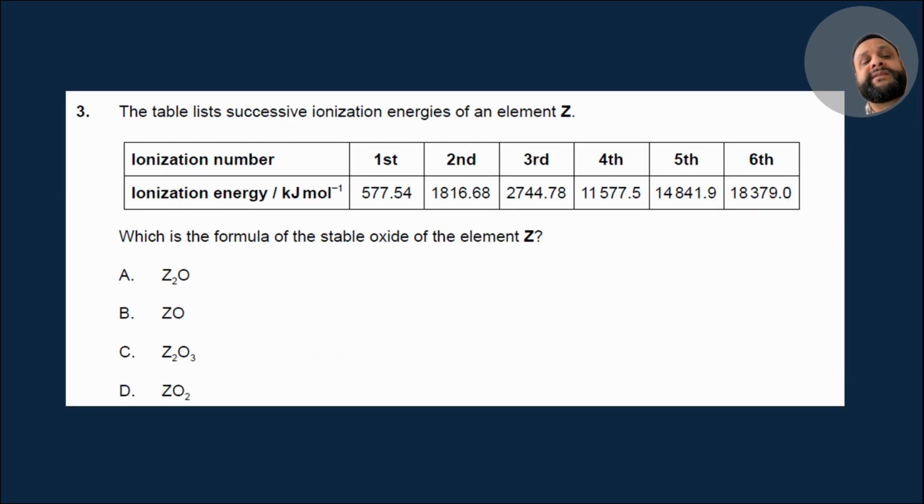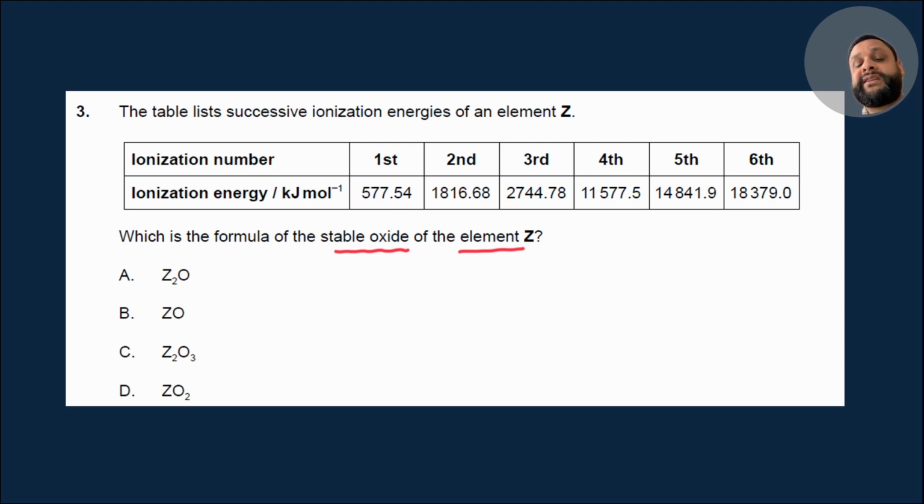The table lists successive ionization energies of an element Z. Which is the formula of the stable oxide of the element Z? So if you look, the second ionization energy is slightly bigger than the first, and similarly the third is bigger than the second. And when we compare the third to the fourth ionization energy, there is a big jump.